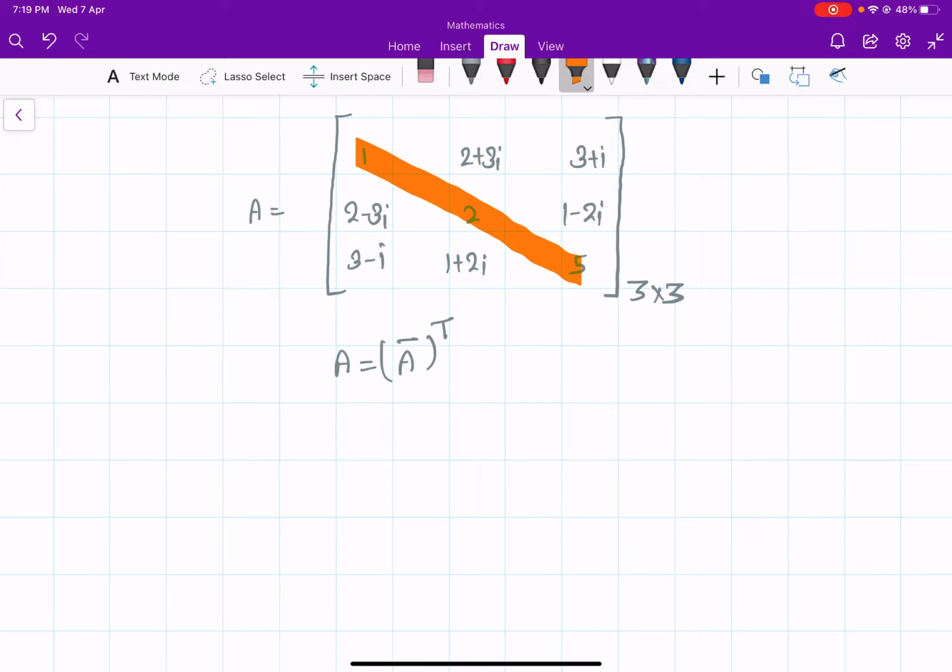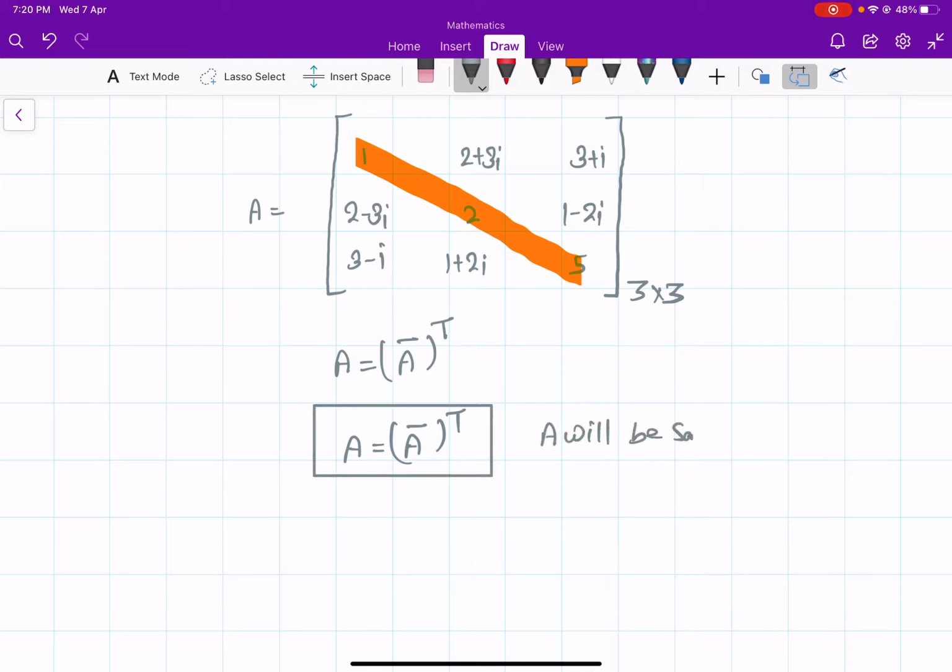In general we can write A is equal to A bar transpose. This is the condition for the Hermitian matrix, and A will be a square matrix.